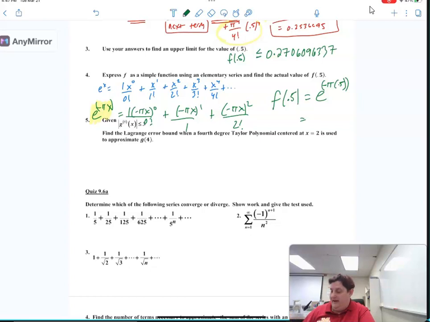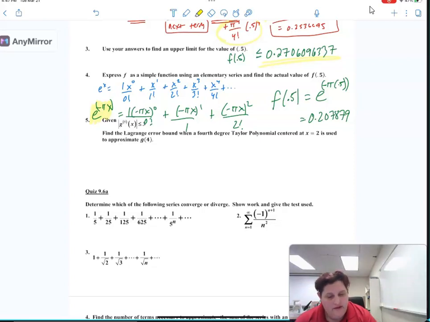If I plug that into my calculator, e to the, in parentheses, negative pi times 0.5, getting that negative in there, I get 0.2078795, and so on. And that is within the upper limit that I got anyway. It certainly doesn't go any bigger than that.